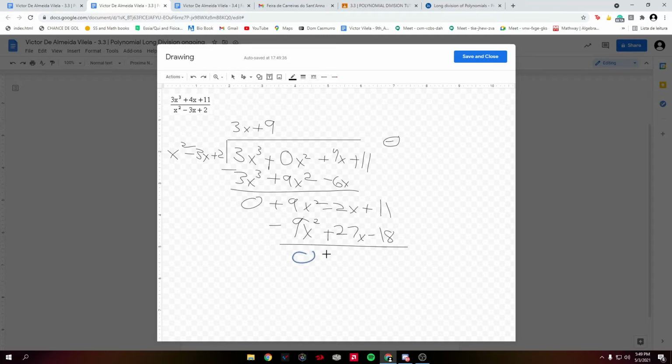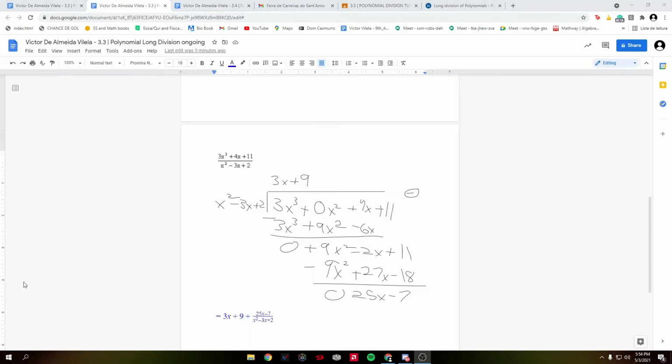Here we have 25x and a negative 7. So this will be our answer. It will be 3x plus 9, 25x minus 7, and we will get back to the final answer like last time and just explain the final result.